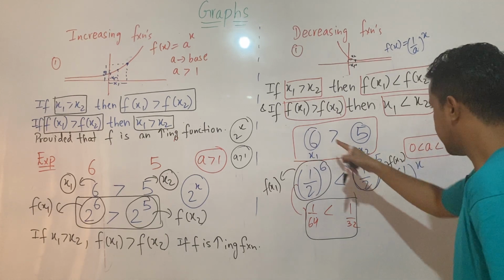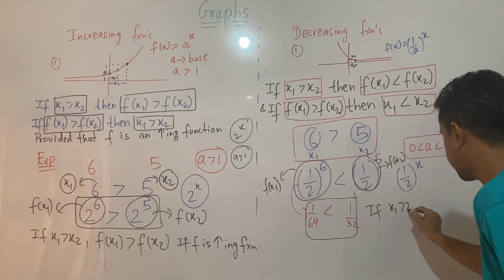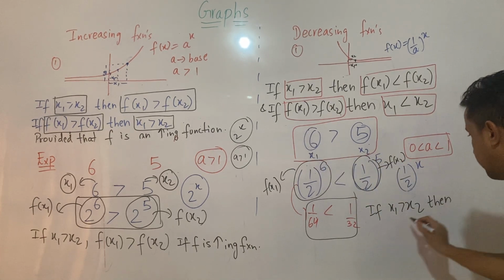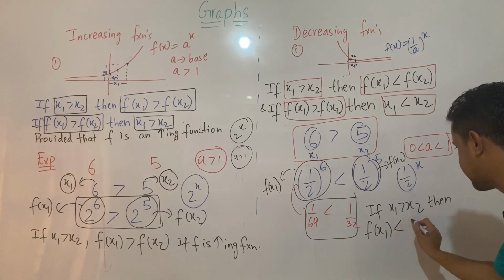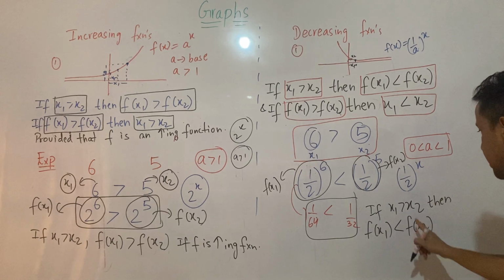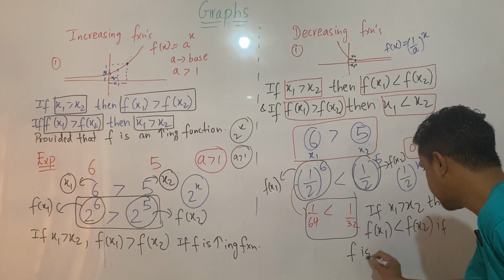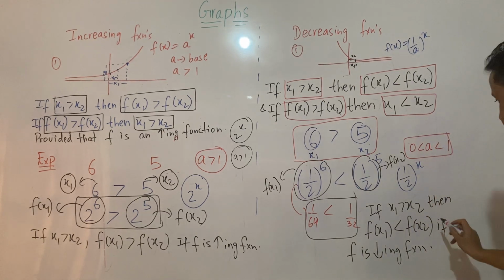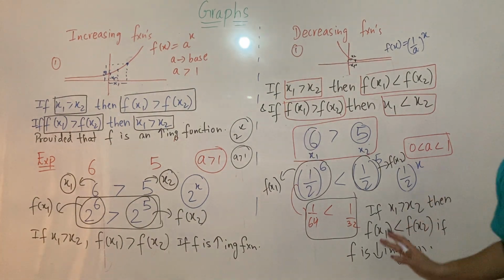Okay, so from here we can say that if x1 is greater than x2, then f of x1 is going to be less than f of x2. Why? Because f is a decreasing function. Okay, so see here, the sign of the inequality got reversed.